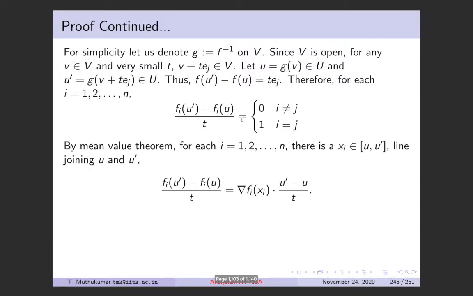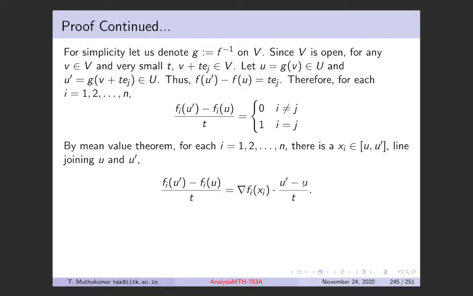All right. So now by the mean value theorem, for each i, there is a xi_i on the line joining u and u prime such that f_i(u prime) minus f_i(u) is grad f_i at xi_i dotted with (u prime minus u) over t.